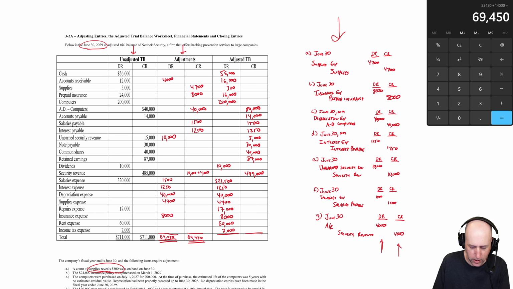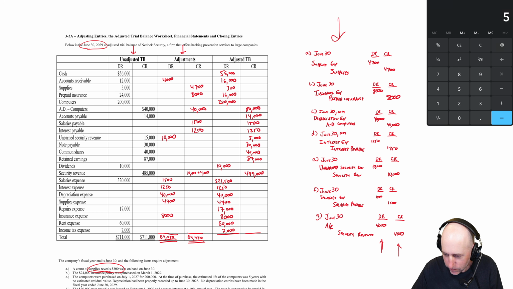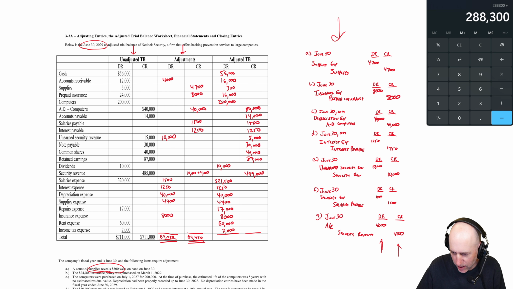Okay, so let's add these up and see if this does in fact balance. We hope so. 56,000 plus 16,000 plus 300 plus 16,000 plus 200,000. Now we're down to 10,000, right?